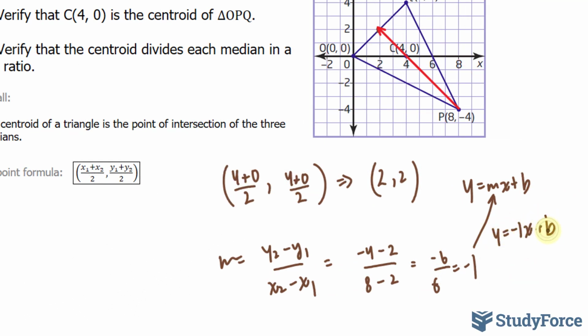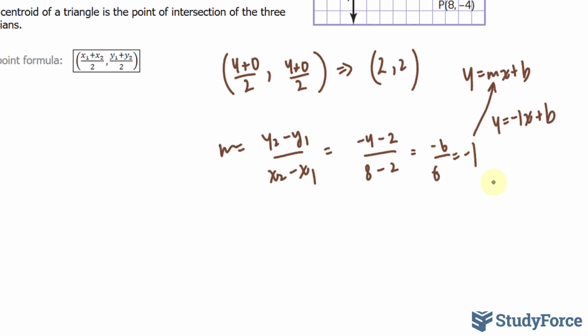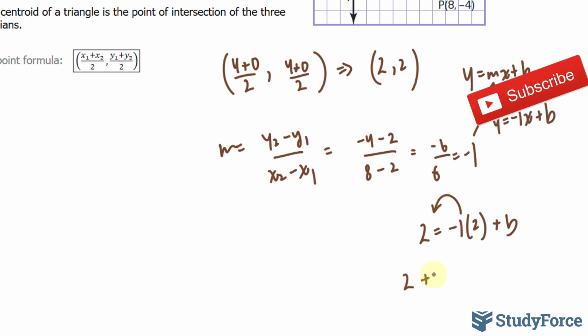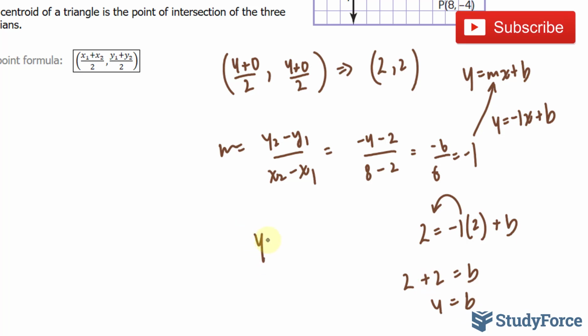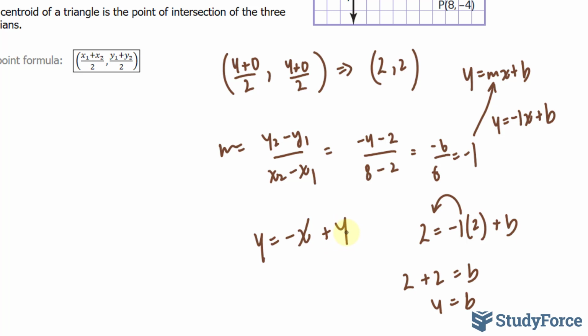Now to find out the y-intercept, I can substitute the point 2 and 2 into x and y and solve for b. So I have 2 is equal to negative 1 times 2 plus b. We bring this over, where we get 2 plus 2 is equal to b, and that's 4. So our equation is y is equal to minus x plus 4.